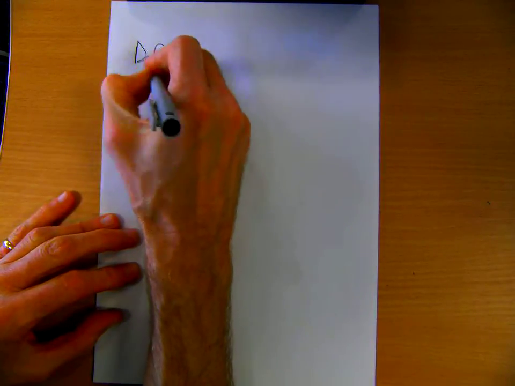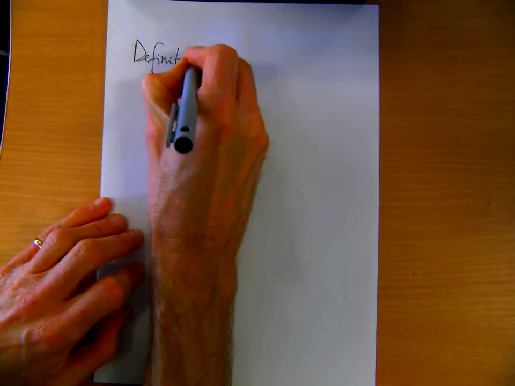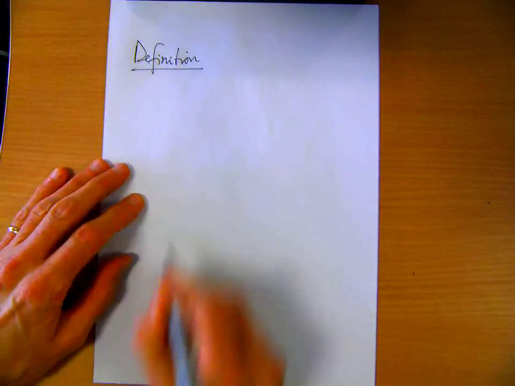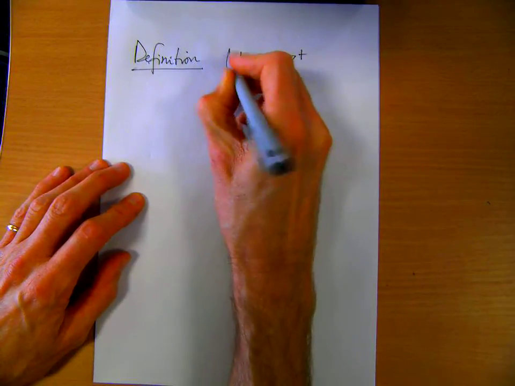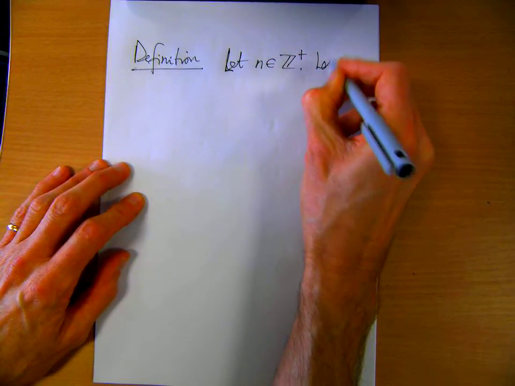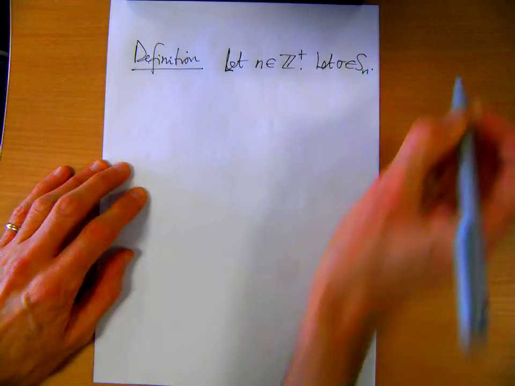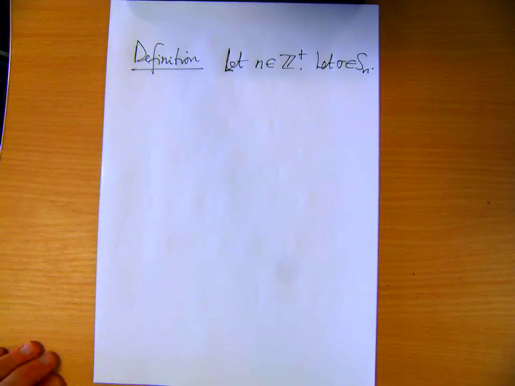So this leads us to the definition of even and odd permutations. So suppose I've got an element of S sub n, where n is some positive integer.